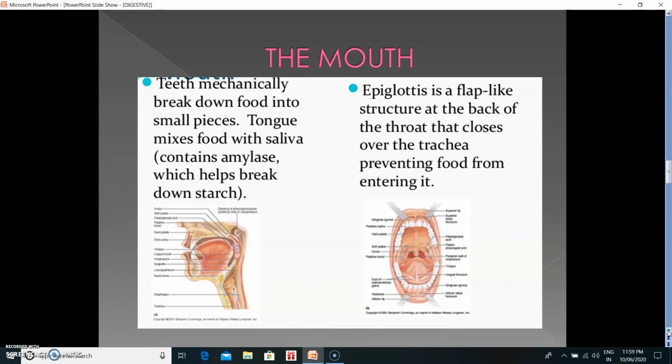Lubrication means watering and mixing, which makes it easy for you to swallow. So this is your first part, that is the mouth. In this, the ingestion process takes place. Now after chewing, the food goes inside.